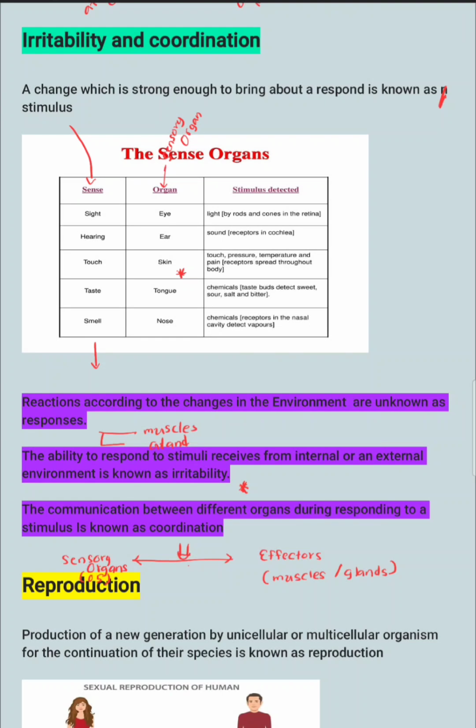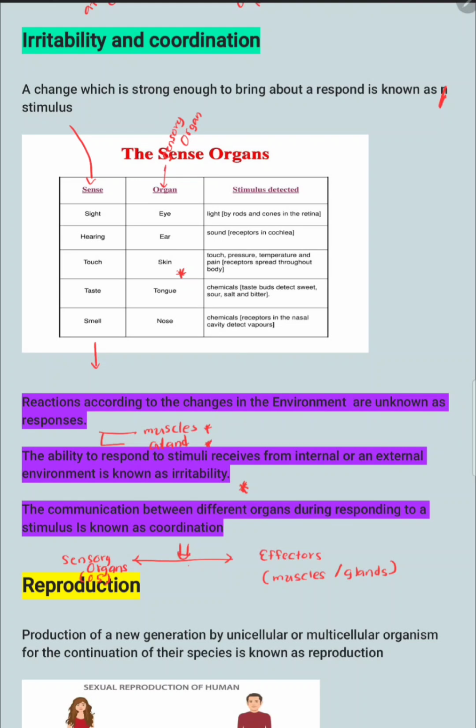From the nose, they can perceive smell. The reaction according to the changes in the environment is known as a response. After perceiving these 5 senses, we can respond. We can respond through muscles or glands. Muscles or glands වලින් තමයි respond කරන්නේ.